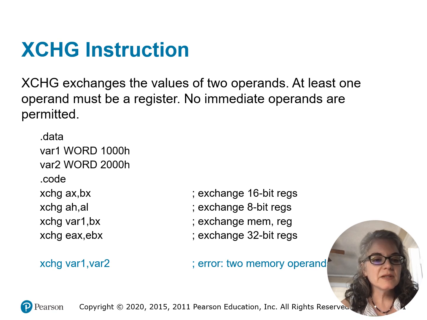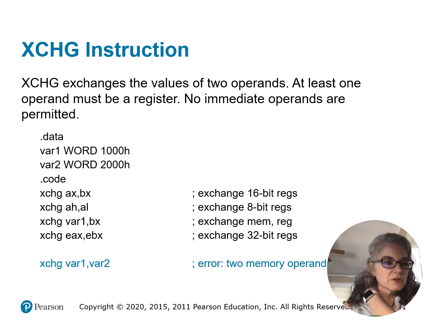So it does have to be the same size. Here we have 2 32-bit registers. Both of these, memory and register, are 16 bits. These are both 8 bits, and these are both 16-bit registers. This one causes an error because we're trying to exchange 2 variables. We can't have 2 variable operands in an exchange.